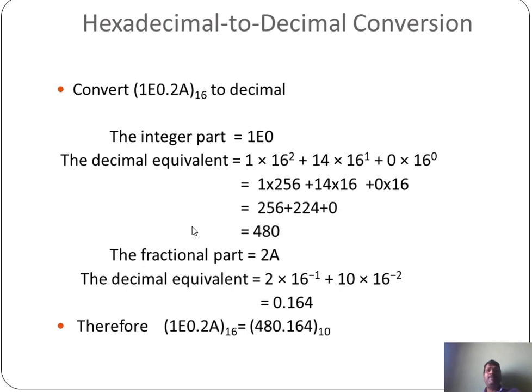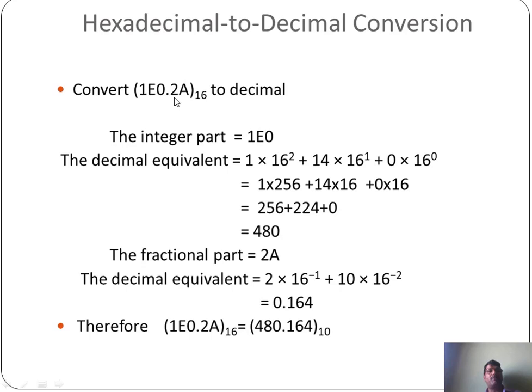This can be well understood by one example, that is, convert hex 1E0.2A to decimal. See, a hex number which contains both alphabets and numerals. So we should know the positional values or place values. So this is the hex point, with the fractional part and integer part. Place values are, for 0, 16 raised to 0, for E, 16 raised to 1, and for 1, 16 raised to 2.